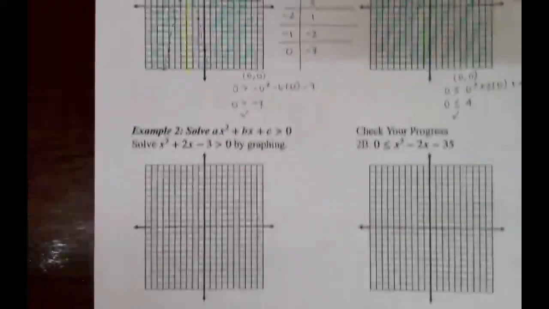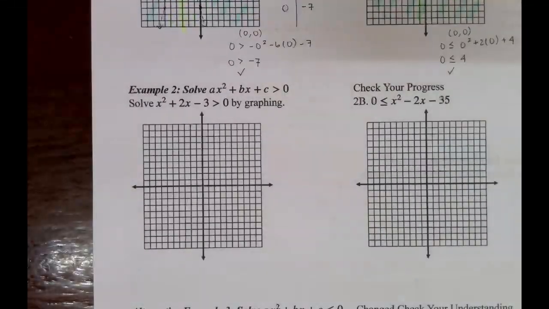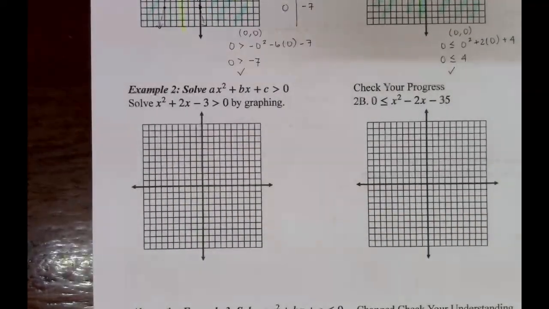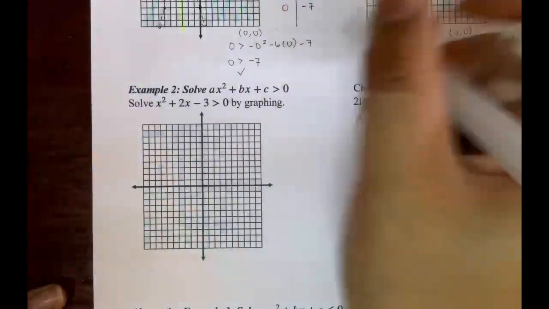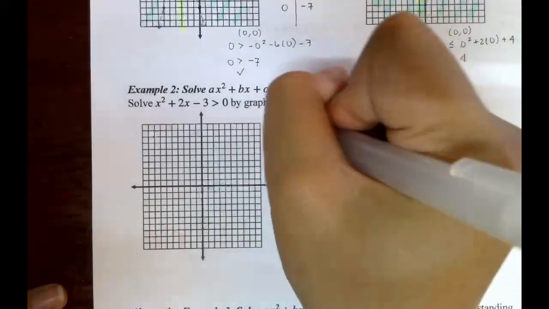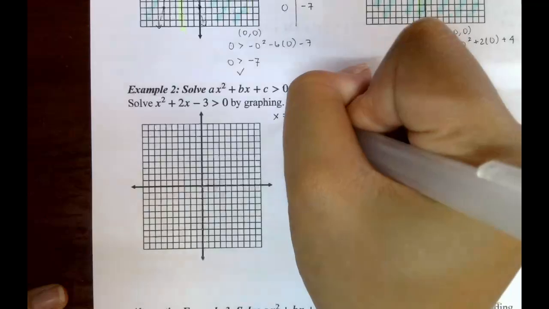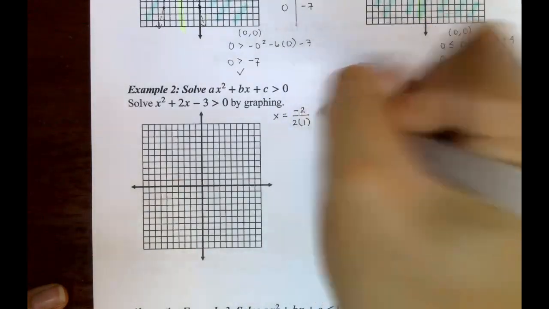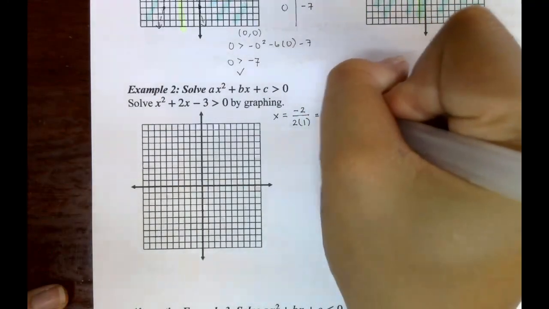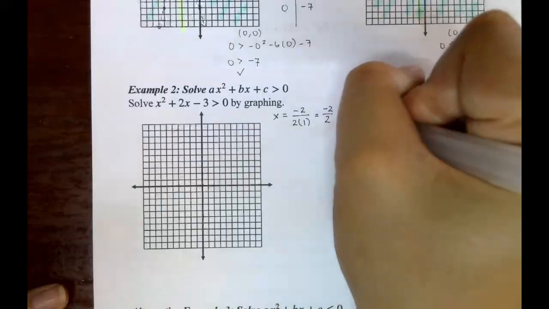Okay, so the next one here is x squared plus 2x minus 3 is greater than 0. Okay, so what we're going to do is just graph it. So again, I'm going to start with my axis of symmetry. So x equals negative b, so negative 2 over 2a, 2 times 1. This gives me negative 2 over 2, which is negative 1.